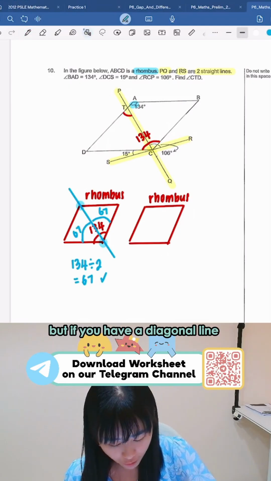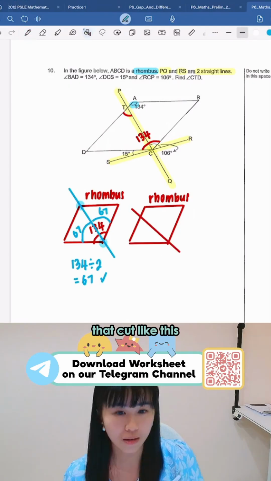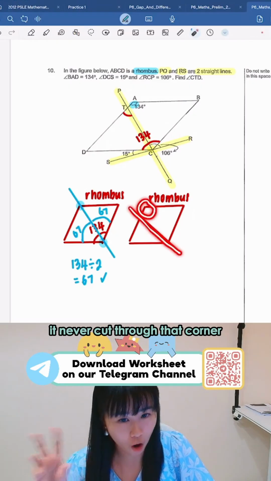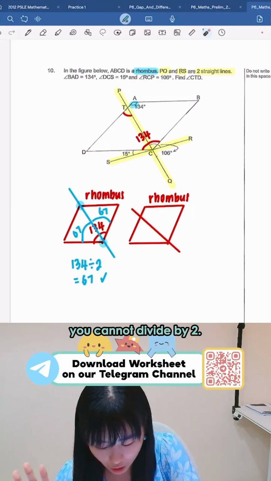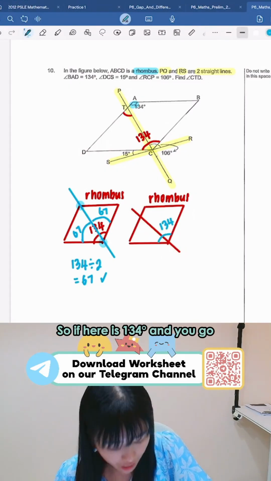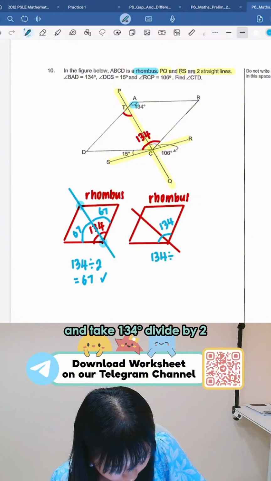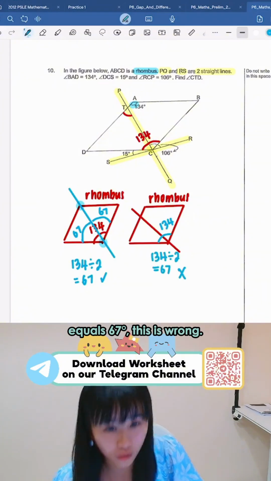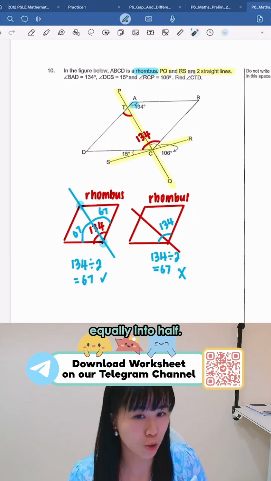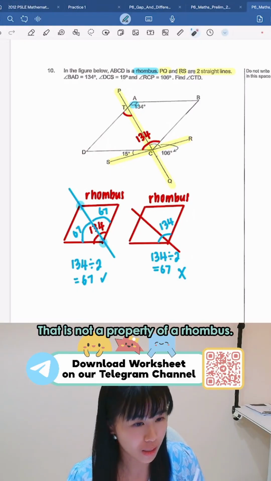But if you have a line that cuts like this, and it never cuts through that corner, you cannot divide by 2. So if here is 134 and you take 134 divided by 2 equals 67, this is wrong. It doesn't cut that angle equally into half. That is not a property of a rhombus.